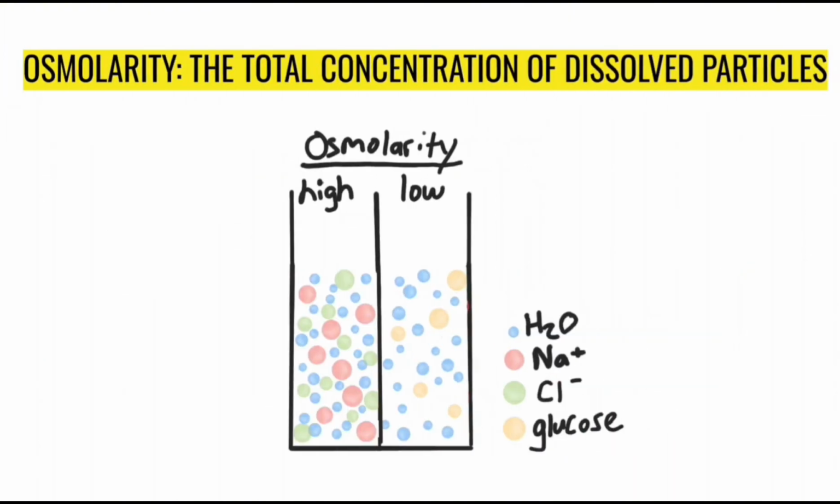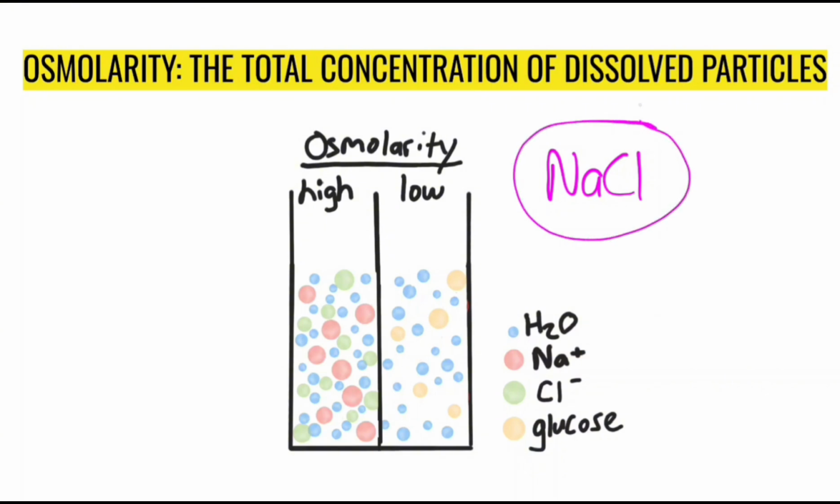Now, another concept to understand in terms of concentrations is the osmolarity. Osmolarity is the total concentration of all dissolved particles, especially if we start to pay attention to things like sodium chloride. If we discuss the concentration of sodium chloride, this only counts as one molecule.